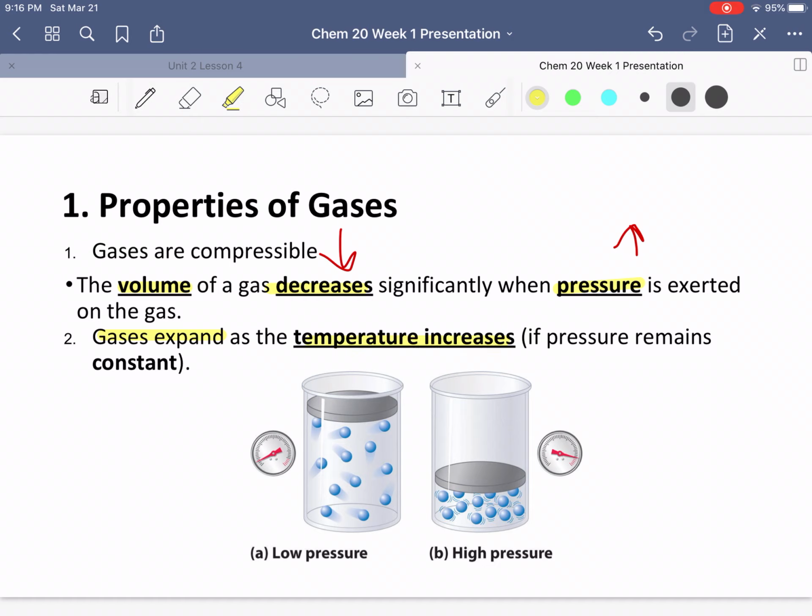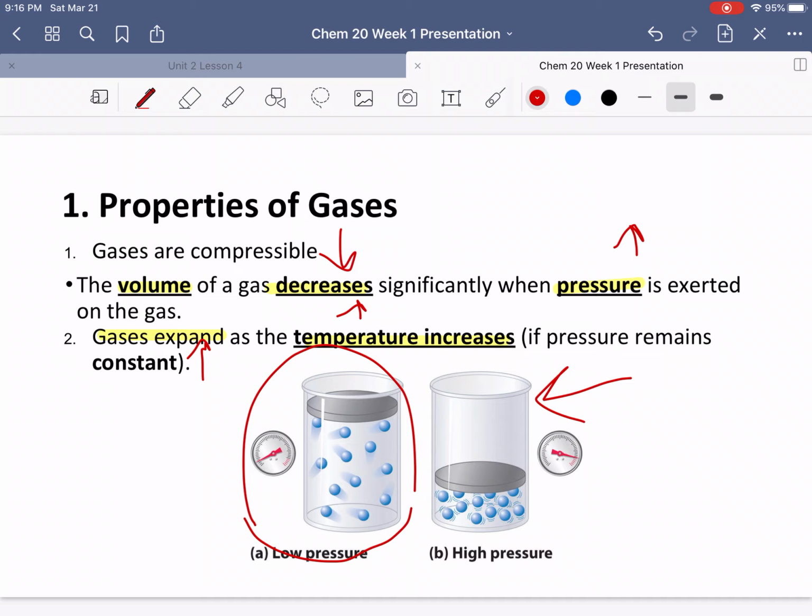So those two are a direct relationship. So volume goes up as temperature goes up. And there's a little picture there to show you what's happening. The one on the left, if you can imagine right here, we have that situation when pressure is low, volume is high, and then over here, when pressure is high, the volume definitely goes quite a bit lower.